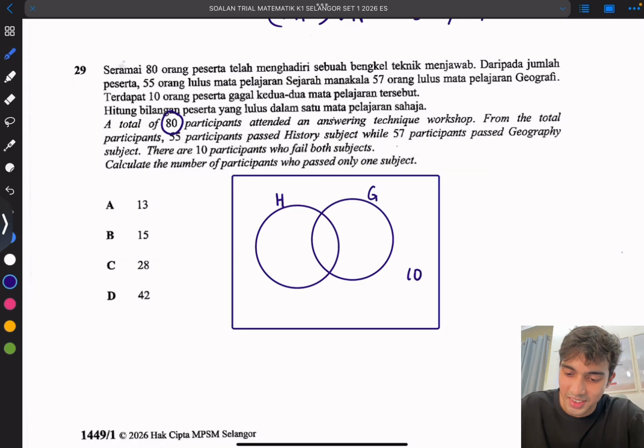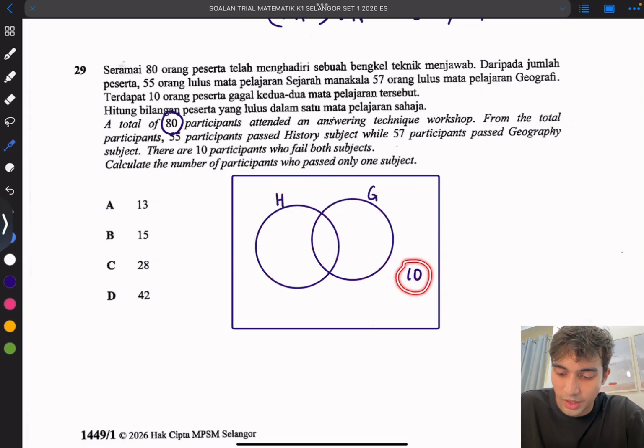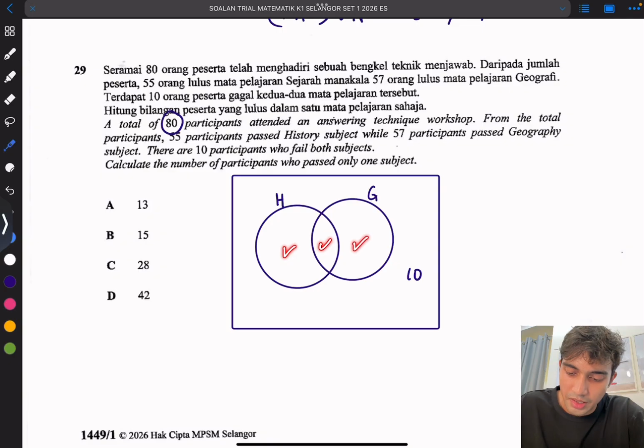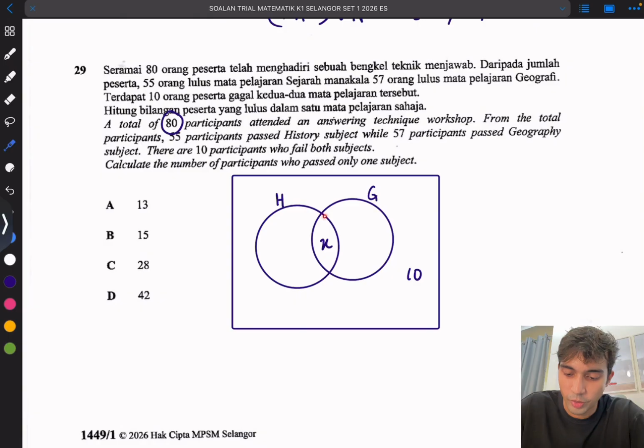Right. So all together got 80. 10 never pass anything. 10 fail both. So this plus this plus this plus this must equal to 80. Let's call this X, the people who pass both.